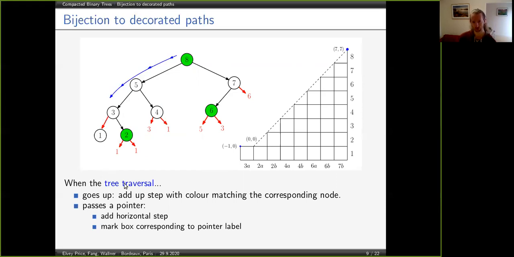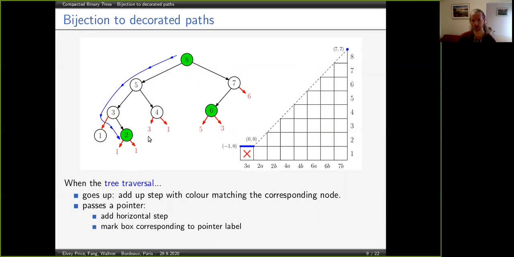Whenever this passes a red pointer, we add a horizontal step, and in each case we put a cross below the horizontal step based on the label of the pointer. These were all just 1s, so we have crosses at height 1.